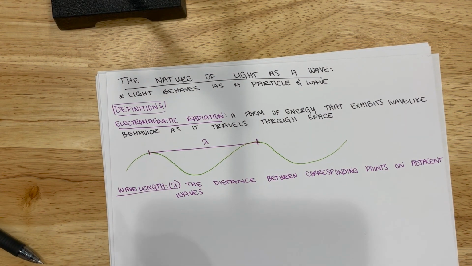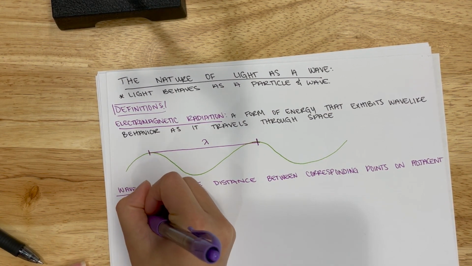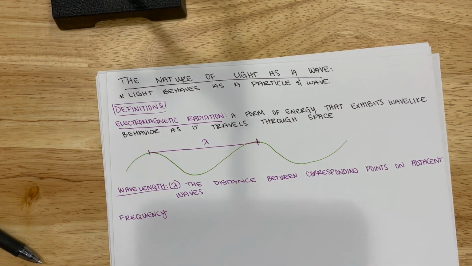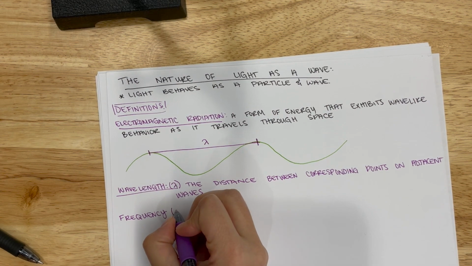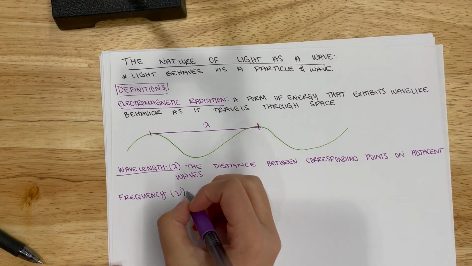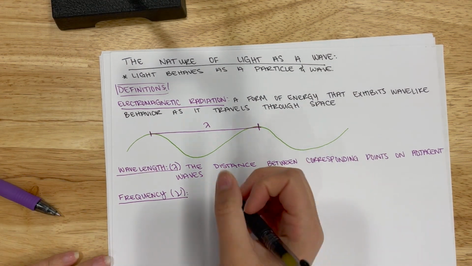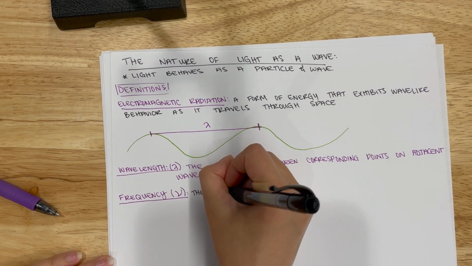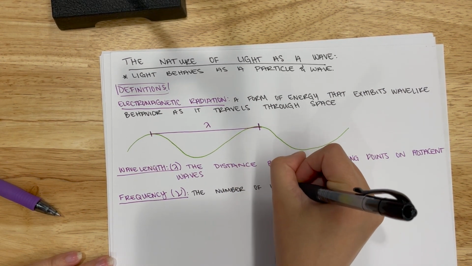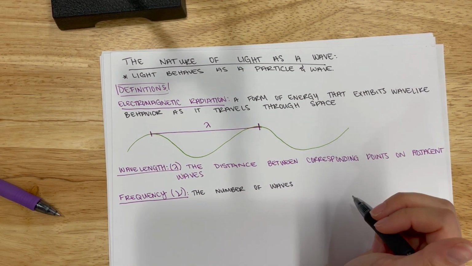But that's our wavelength. Our other word that we can talk about is frequency. You might have used F to represent that. Here, we use a symbol that looks kind of like a fancy V. And our frequency is the number of waves that pass a given point in a specific time.